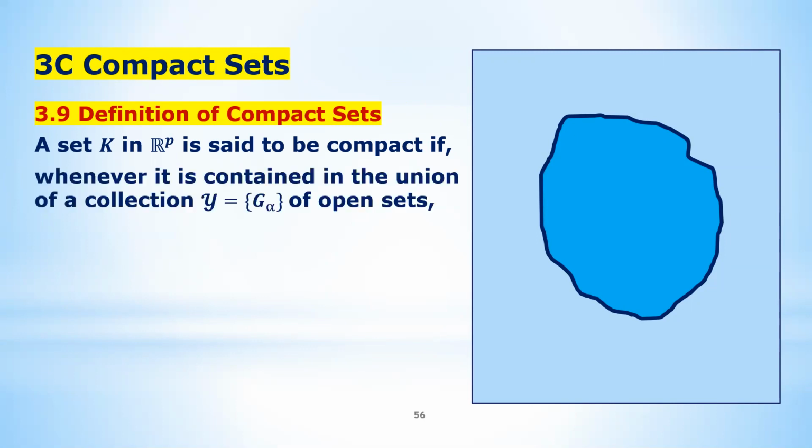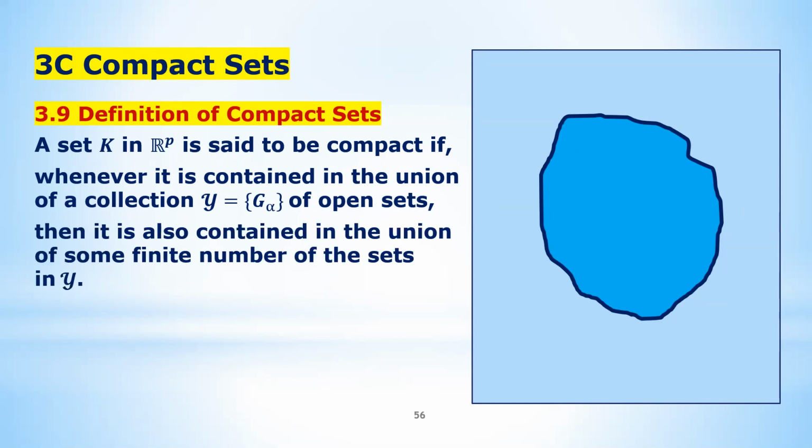It says that whenever K is covered by the union of a collection Y equals G alpha of open sets, meaning a group of open sets whose union covers the entire set K, then K is also contained in the union of some finite number of sets in Y.